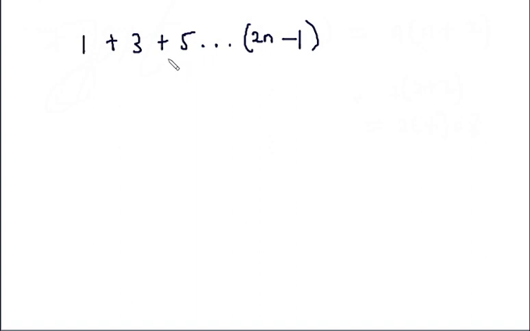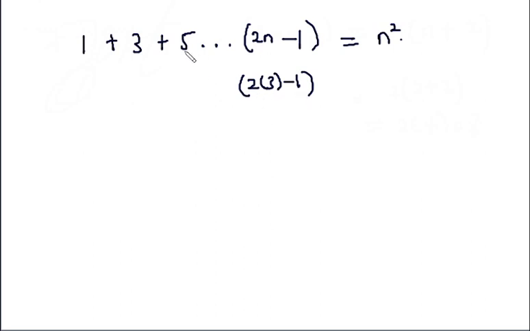So this is a statement. We can say this statement is equal to n squared at any point. So let's say I pick the third number here. So this will be 2 times 3 minus 1. So 2 times 3 is 6, minus 1, 5.